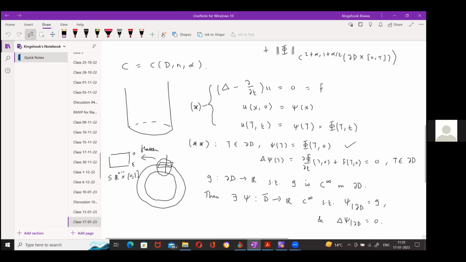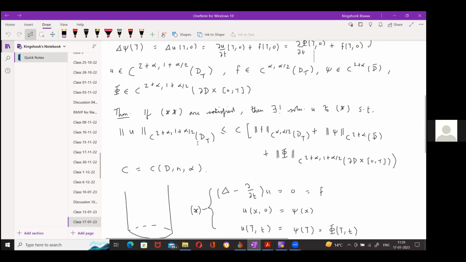And then the Schauder estimates will tell you in particular that the C^(2+alpha) norm in the space variable is uniformly bounded independent of t, because this f term is 0, this psi term is a constant independent of t, and this phi term has a Holder norm that is uniformly bounded because in the space variable it is a fixed function of space, psi, and in the time variable, it's constant.